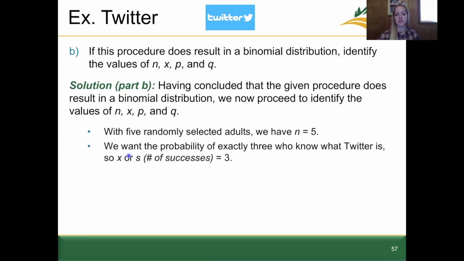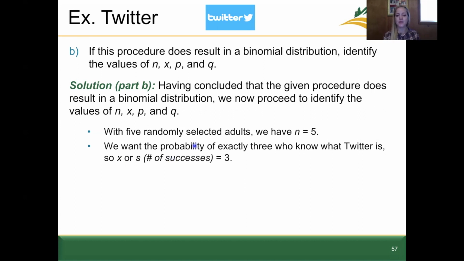I previously mentioned this variable of x. It will be used interchangeably with the variable of lowercase s, which represents the number of successes. So x and s are used interchangeably. Keep that in mind as we move forward. Back to our notation, x is the number of successes among n number of trials.